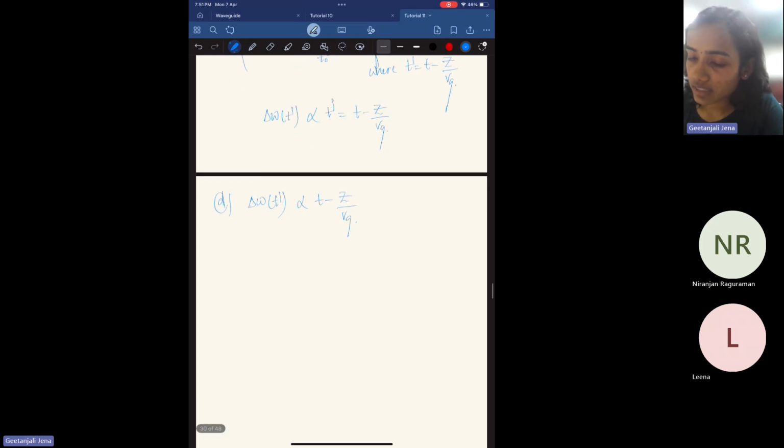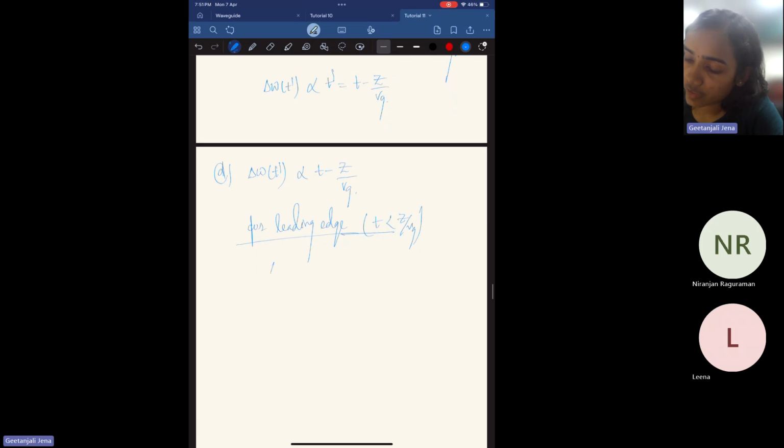So for the leading edge, we have t less than z by vg. For this case, we will see delta omega will have a negative sign.